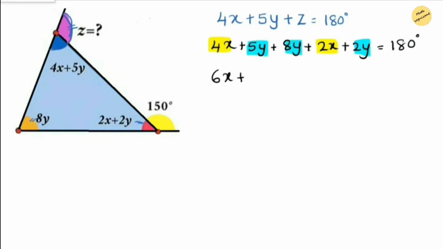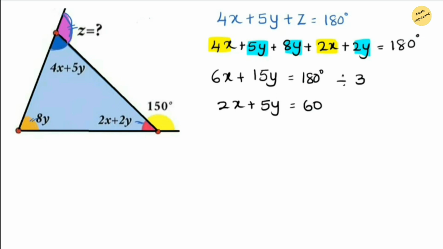So 6x plus 15y is equal to 180 degrees. Simplify this equation to its lowest form by dividing by 3. So 2x plus 5y is equal to 60 degrees. Now let's mark this as equation number 1.